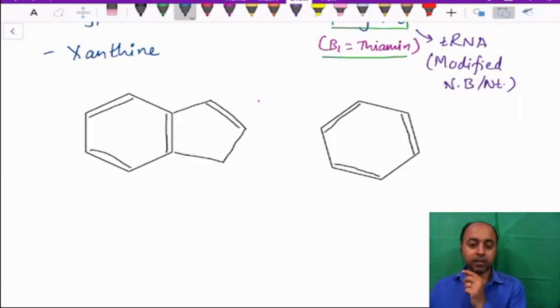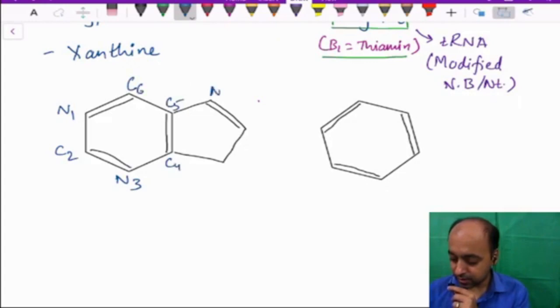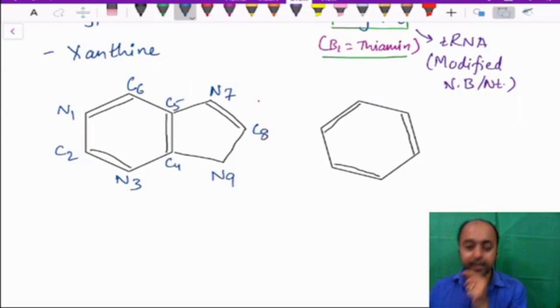If you look at the numbering for the purines, it starts from here, where we have N1, C2, N3, C4, C5, C6, N7, C8, and N9. This is slightly different from what we see in the pyrimidines.